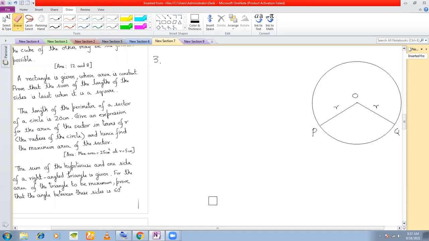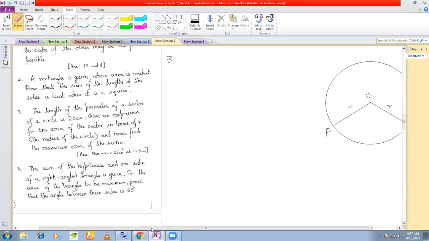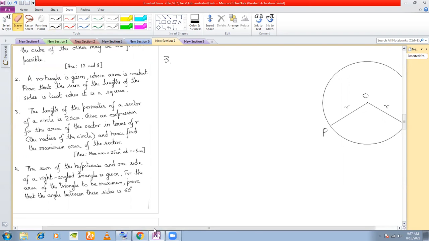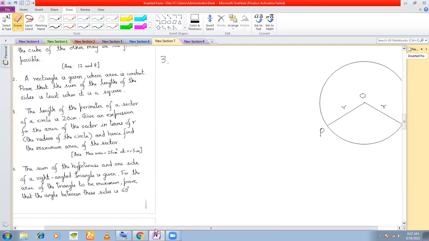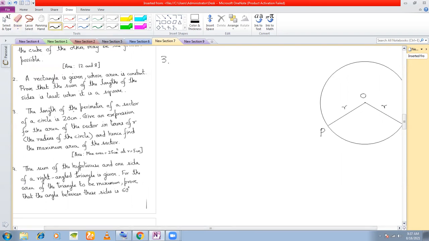So once we know this, now let's see what the problem states. The length of the perimeter of the sector of a circle is 20 centimeter. So the perimeter of the sector is given as 20 centimeter. Give an expression for area in terms of R and hence find the maximum area of the sector possible. So if you see here, given is the perimeter of the sector.